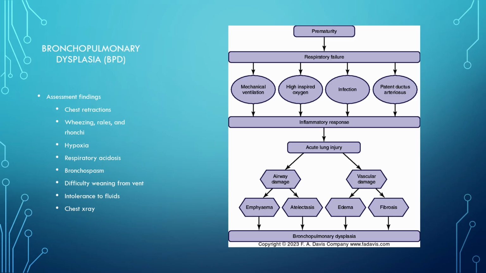So we try to take them off the vent, but now their lungs don't want to work. So now we've got to put them back on the vent to breathe for them, which makes the bronchopulmonary dysplasia worse. So it's a fine line, just causing damage to their airway and vascular damage. So we try to hopefully not leave them on a vent or with oxygen for a prolonged amount of time so that we don't have them develop this.